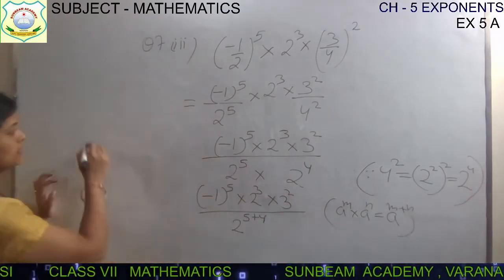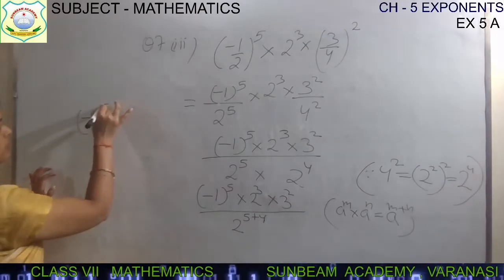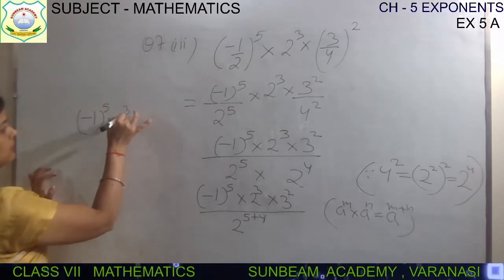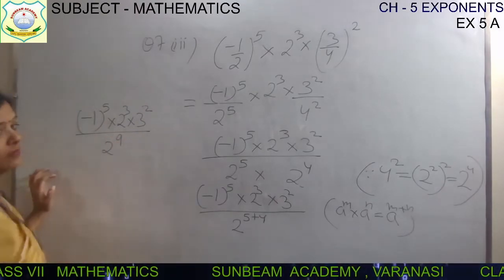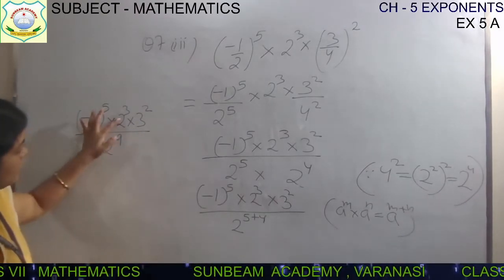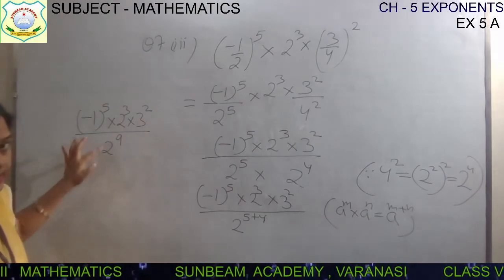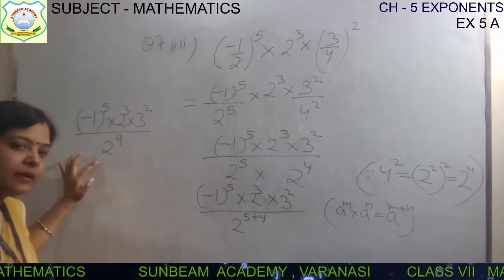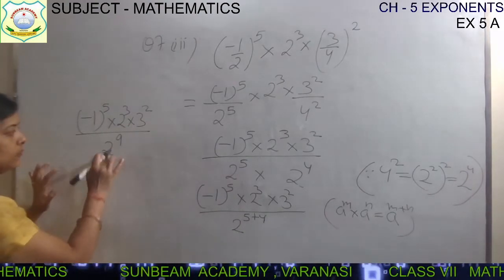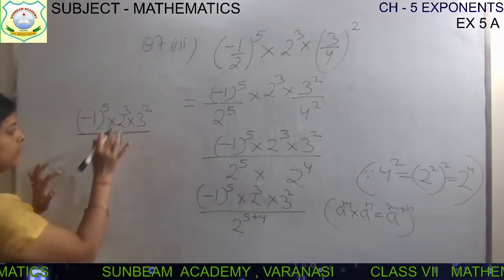So next step is minus 1 to the power 5 into 2 to the power 3 into 3 squared divided by 2 to the power 9. Now next step is, you can see base is same in numerator and denominator. Base is same, so the power will be subtracted. There is 2 here, and 2 here also, and you are dividing them, so power will be subtracted.